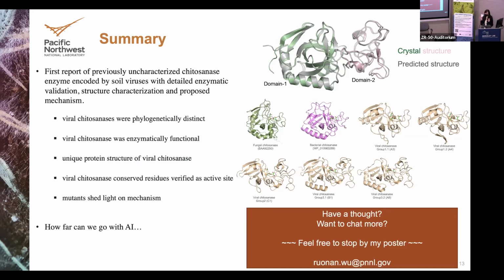So all these results let us think, how far can we go with AI? You have heard about AlphaFold in talks yesterday. So maybe we could further leverage them to accelerate enzyme discoveries in a relatively more high throughput manner. If you have a thought about it or want to chat about it, feel free to reach out.